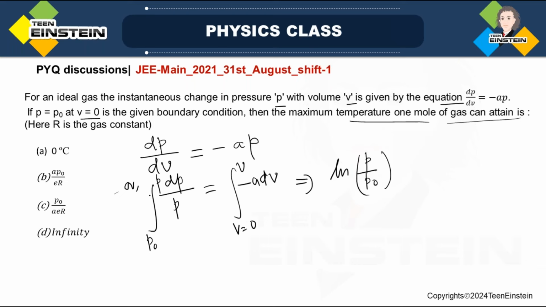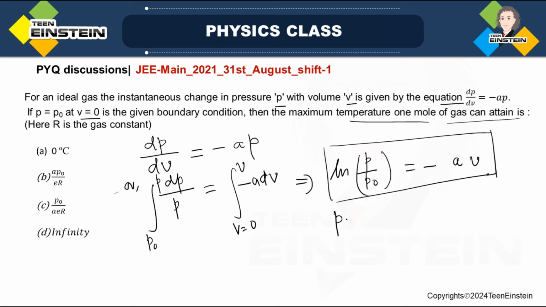P is the upper limit, P0 is the lower limit, and on the right hand side you will get minus A into V. From here we can write P is equal to P0 e to the power minus A V. You can just check it.